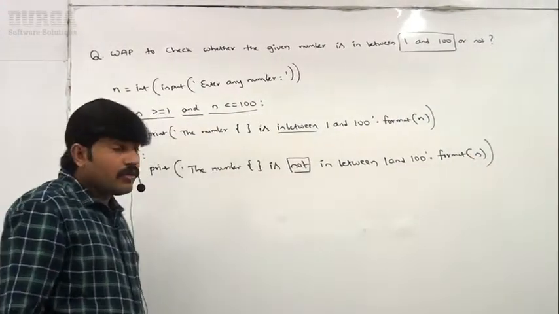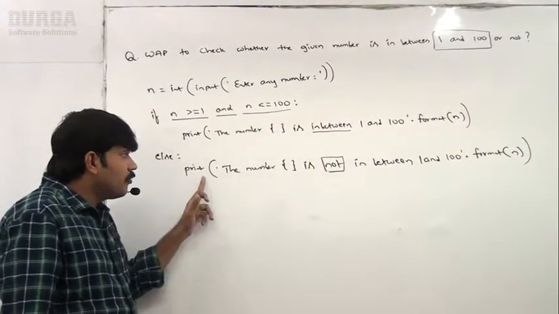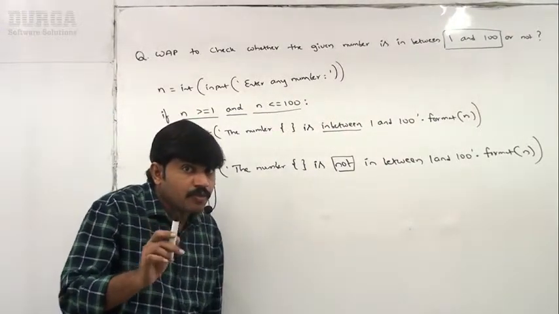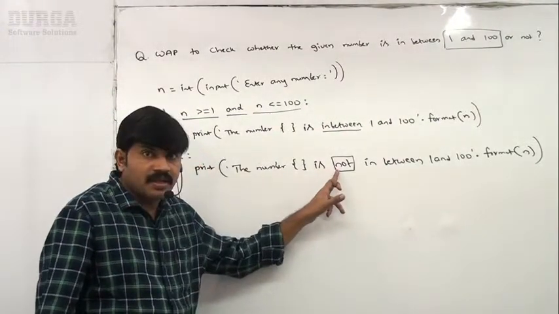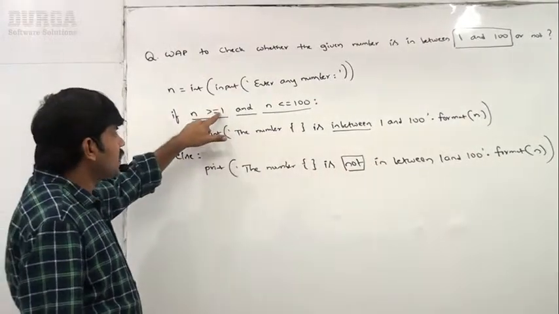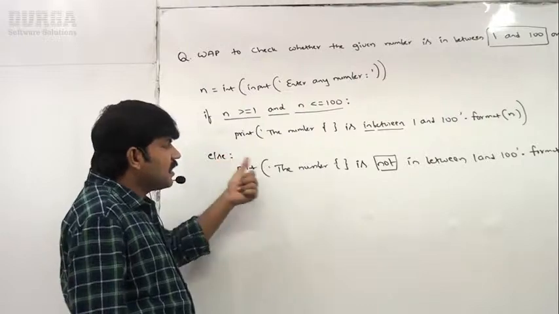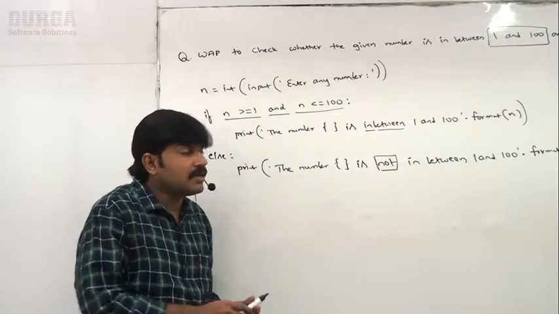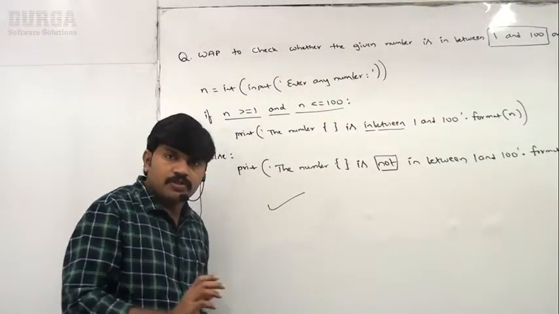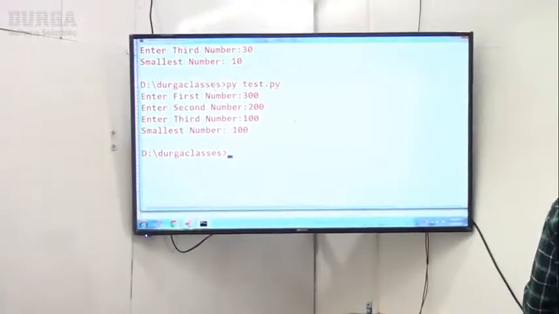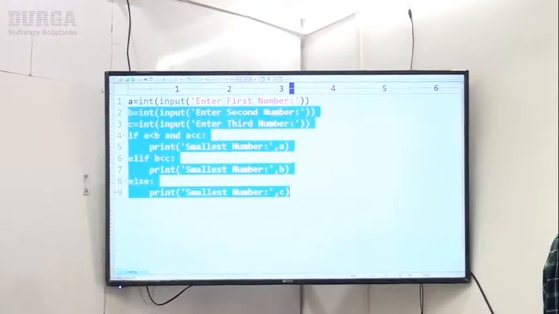That's all. How to use print with the replacement operator, I covered very clearly in the input and output statements, sir. Remember this one. If this condition is satisfied, yes, in between 1 and 100. Else, sir, not in between 1 and 100. Perfectly this is going to work. Have a look once, sir. Now let me rewrite again, sir.